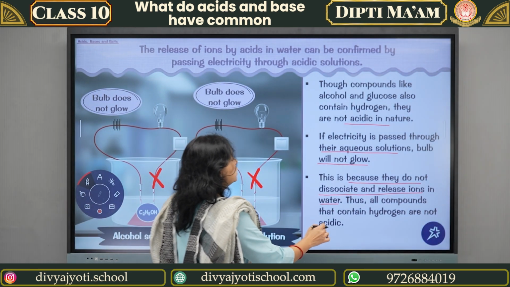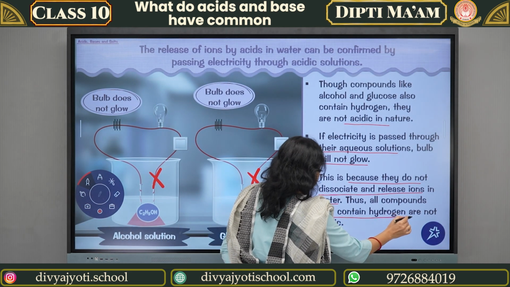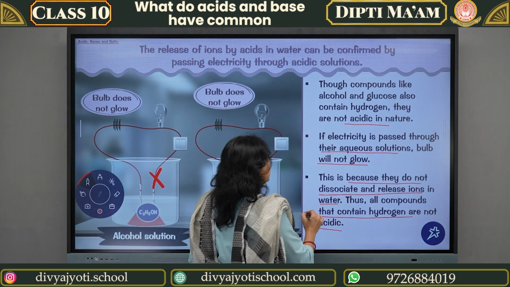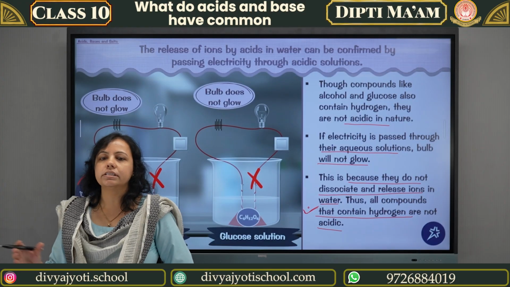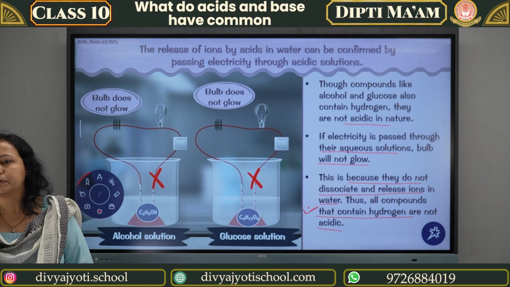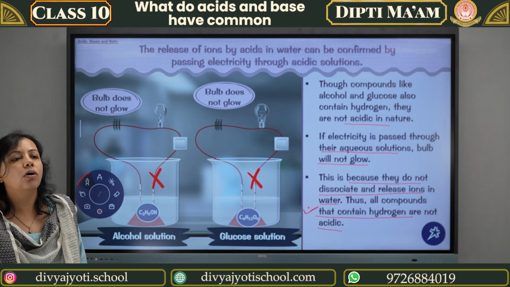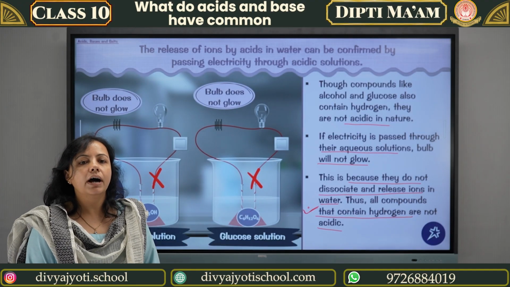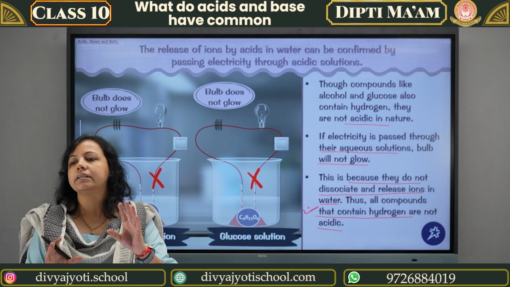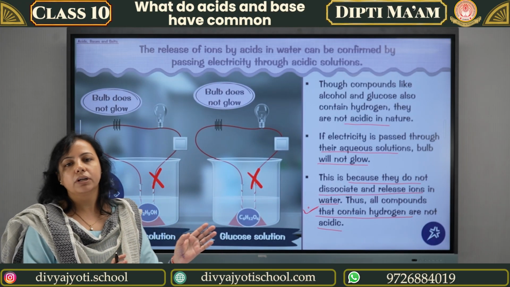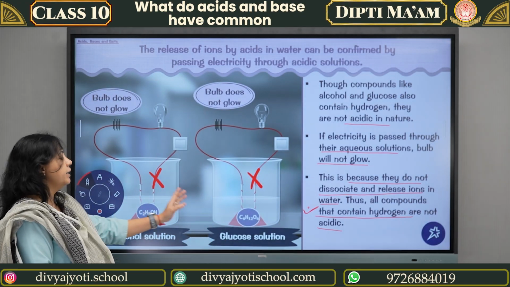And thus all the compounds that contain hydrogen are not acidic. This is the main point. In a compound whose formula contains hydrogen, it is not necessary that all are acids. Why? Because an acid is something which releases the H plus ion when it reacts with water molecules.